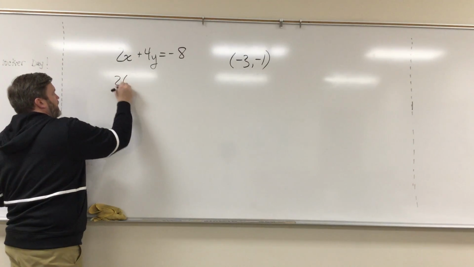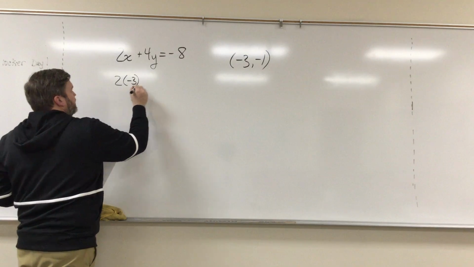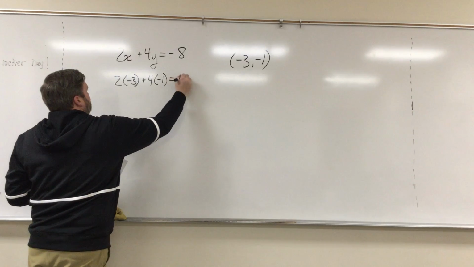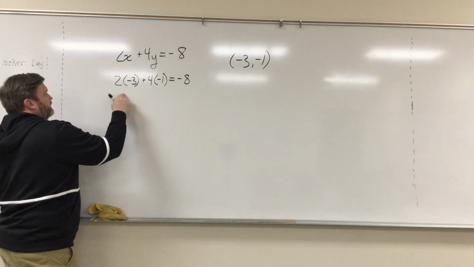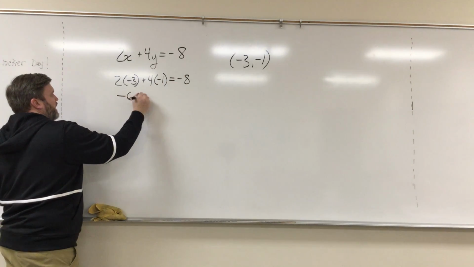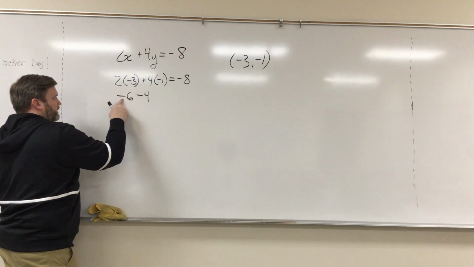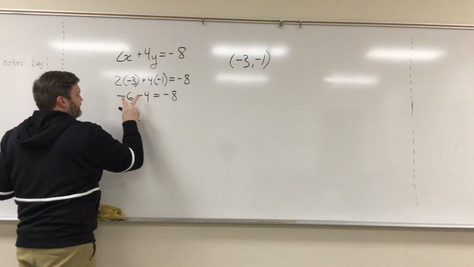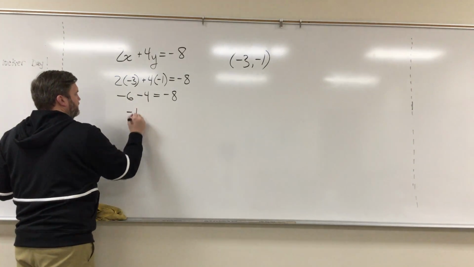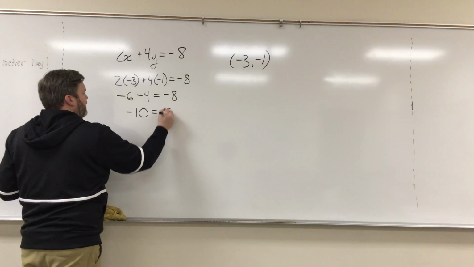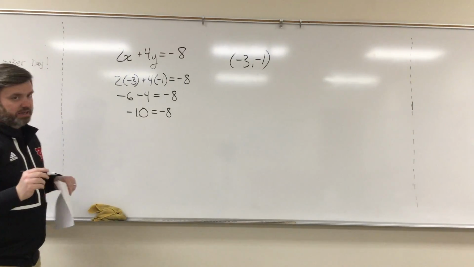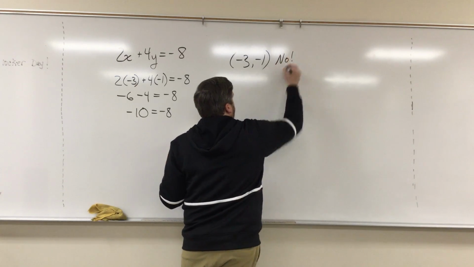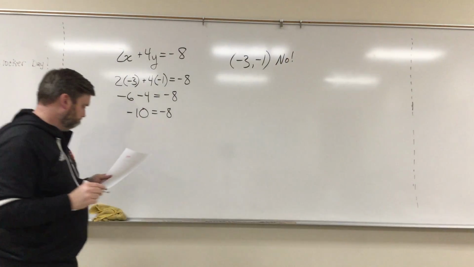So that's 2 times negative 3 plus 4 times negative 1 equals negative 8. So that's negative 6 minus 4, positive times a negative, positive times a negative. Same signs, keep and add. However, negative 10 does not equal negative 8. So no to this one. It is not on the line.